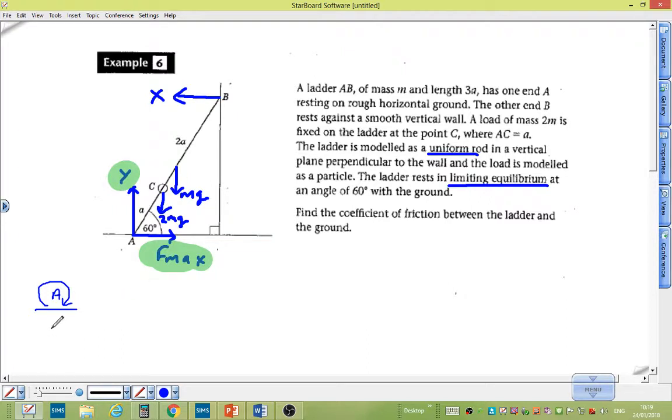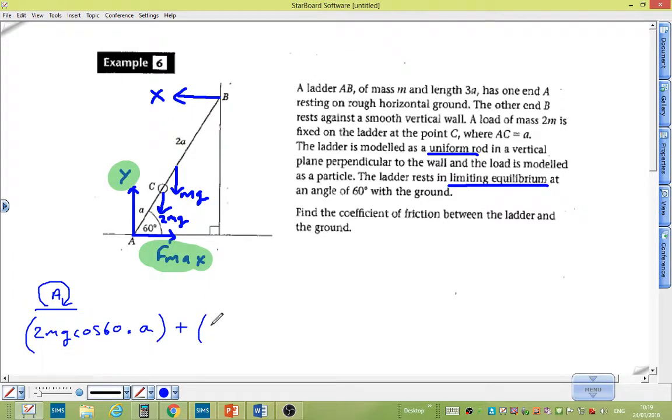So I'm going to do the 2mg first of all. Now this is where I frequently forget, I have to remind myself to times it by the perpendicular distance. So the component is 2mg cos 60, times by its perpendicular distance, which is a. There's the first one. The next one is positive because it's also clockwise.